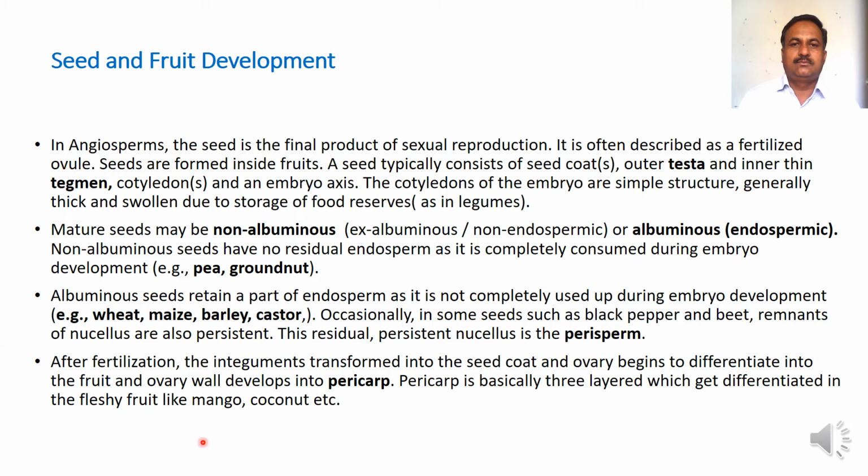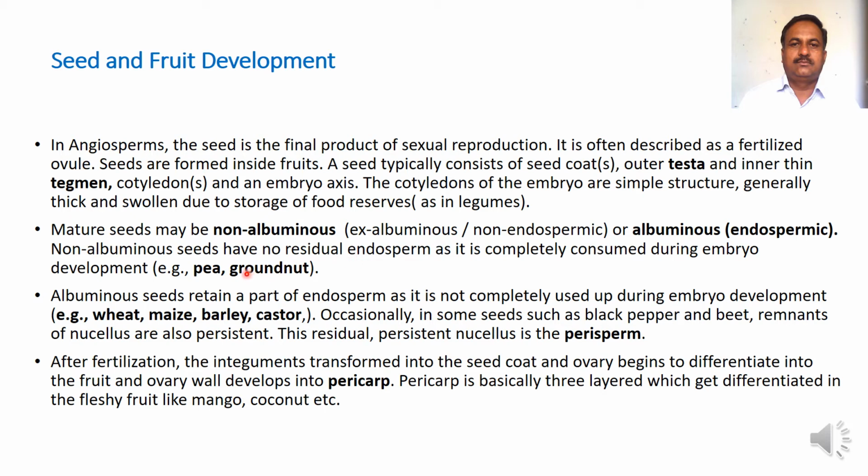A mature seed may be either non-albuminous, also called exalbuminous or non-endospermic, or it may be albuminous, also called endospermic seed. Non-albuminous or non-endospermic seeds have no residual endosperm as it is completely utilized during embryo development.